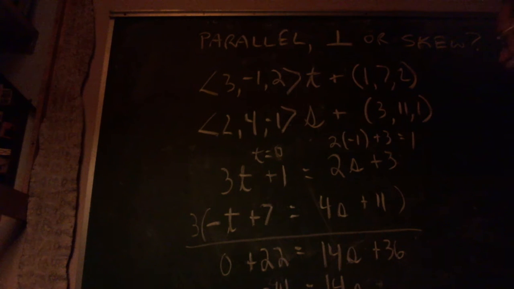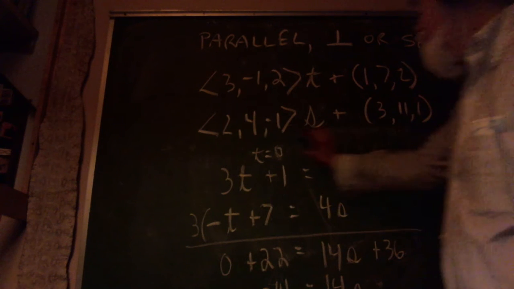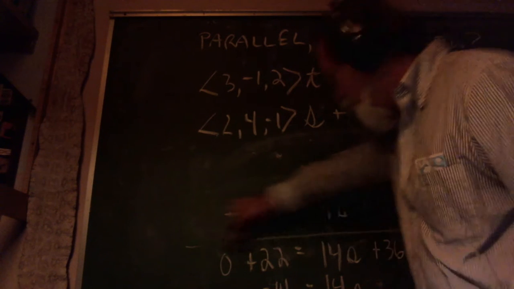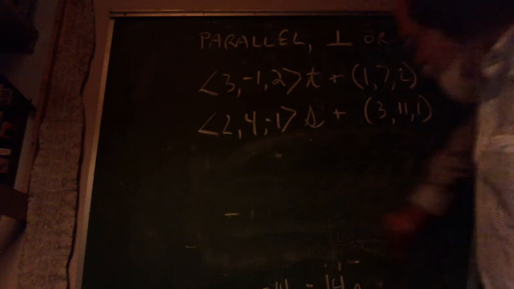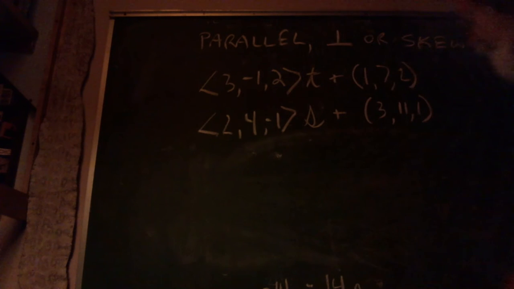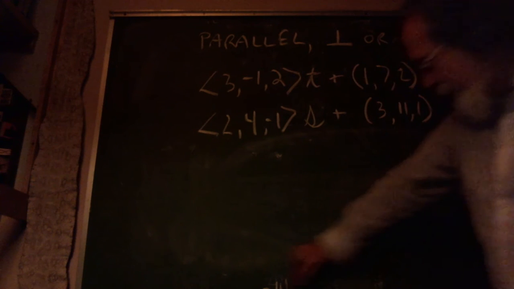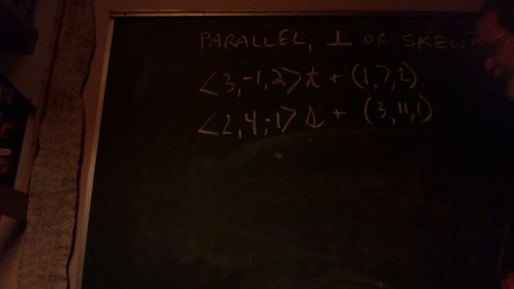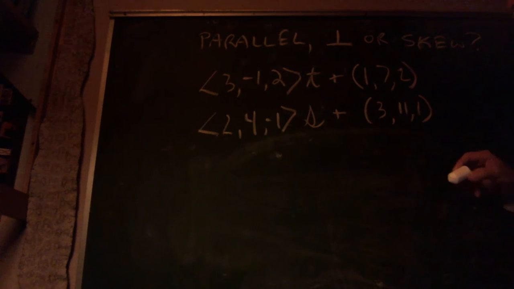So the acid test is, do the z coordinates match? And notice we have one more coordinate completely unused. We haven't used the z coordinate at all. So if this pair of choices gives us the same x and y and z, then these two lines intersect.